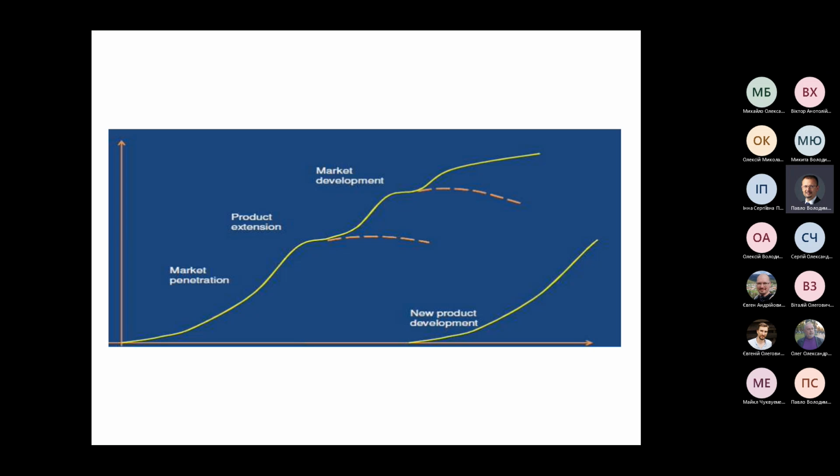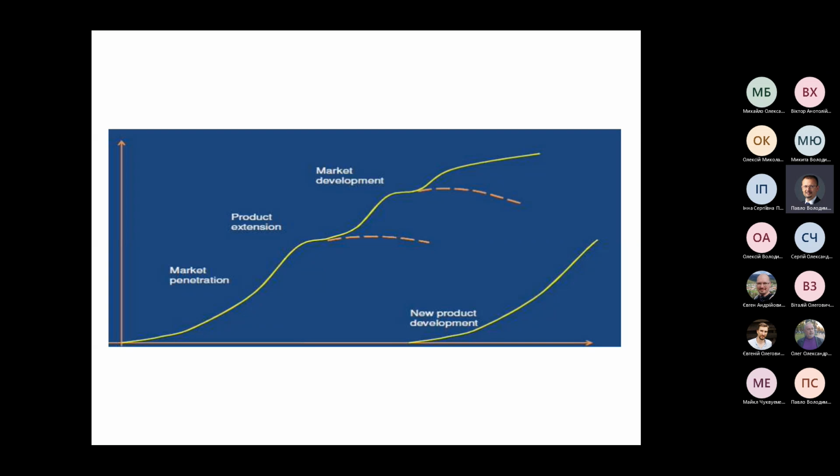this situation. It was the last picture from the last lecture, you might remember. The general idea for any company is that any strategic business unit sometimes will have a decline stage.